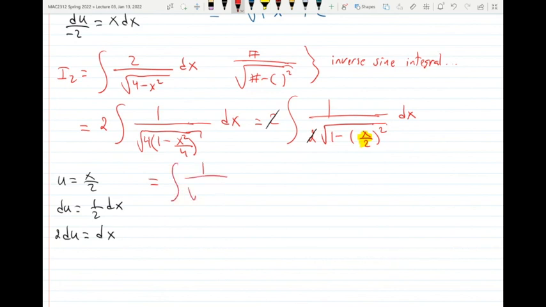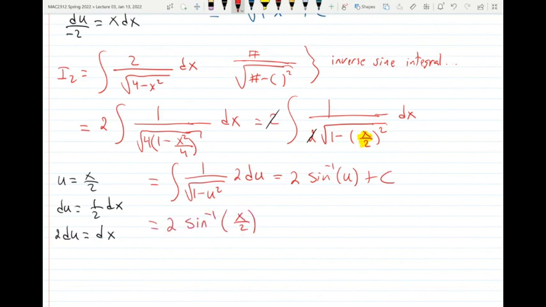So we get 1 over square root of 1 minus u squared, and then dx equals 2 du. So we take the 2 out, and then we have exactly the integral of 1 over square root of 1 minus u squared, which is inverse sine of u. And then we put back what u was equal to. So this is inverse sine x over 2.